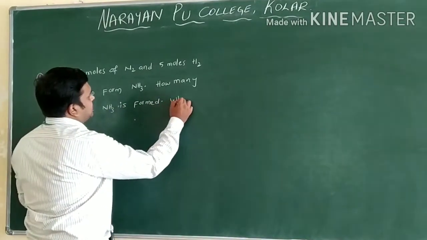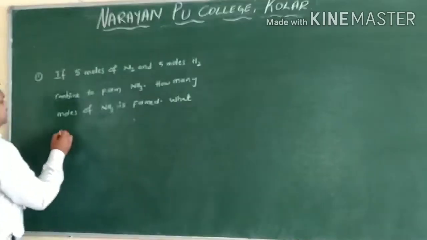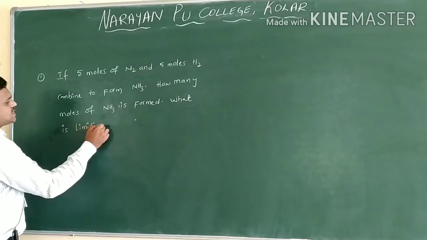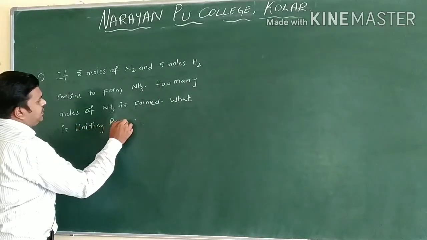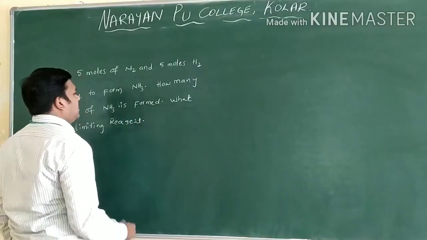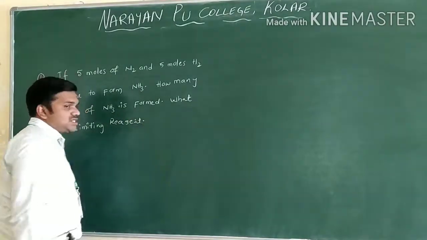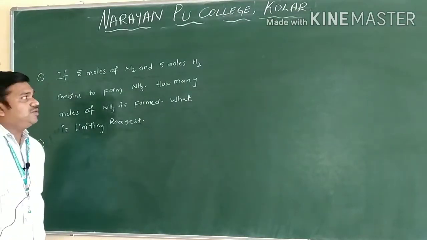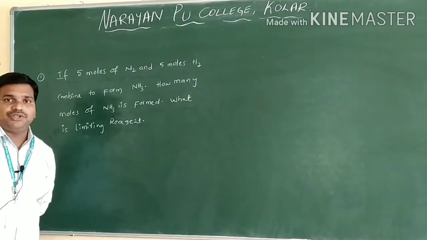What is the limiting reagent in this question? So you see the statement once. 5 moles of N2 and 5 moles of H2 are combined to form ammonia.